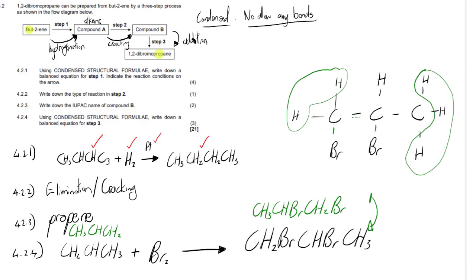Both of these are correct, but it is important in how we've drawn our starting products. If I start with this black version right here, CH2, CH, CH3, then I'd highly encourage you to keep that order the same. The CH2 and the CH and the CH3 with the bromine attached to this carbon and this bromine attached to this carbon.